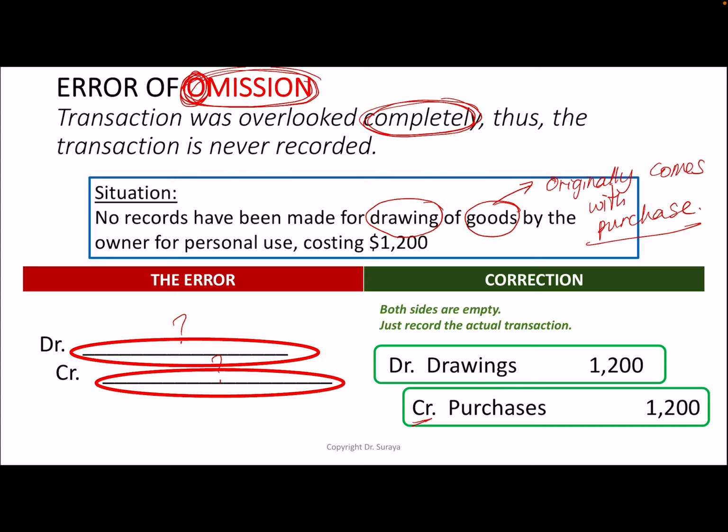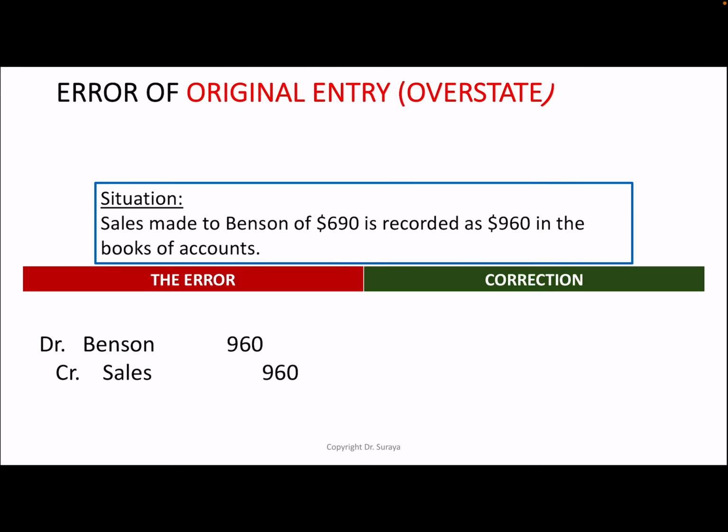So credit purchases and debit drawings because it goes into your drawings. If you are still confused on the debits and credit, there is a video explaining this in posting to ledger accounts, and you will understand basically why a certain transaction is a debit and why a certain transaction is a credit. So this is error number 3.